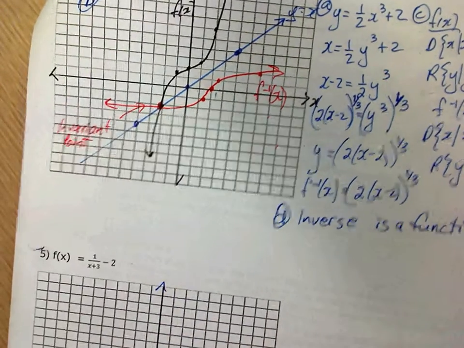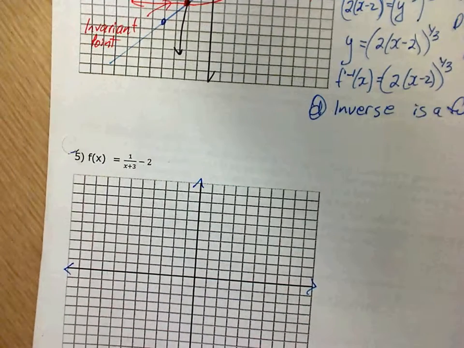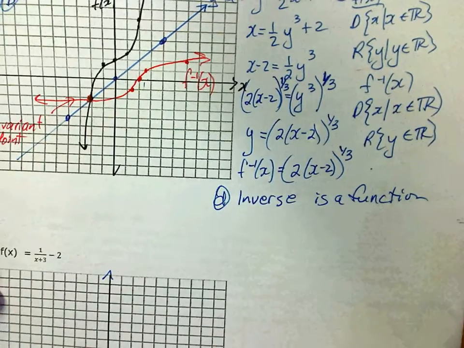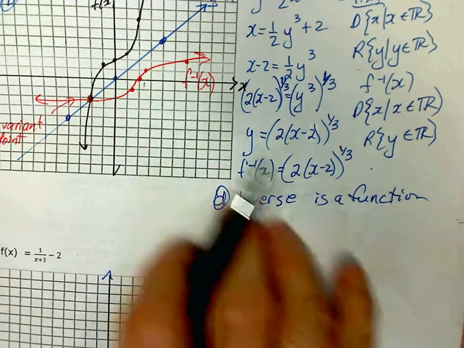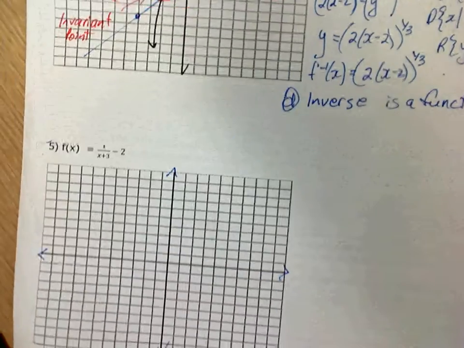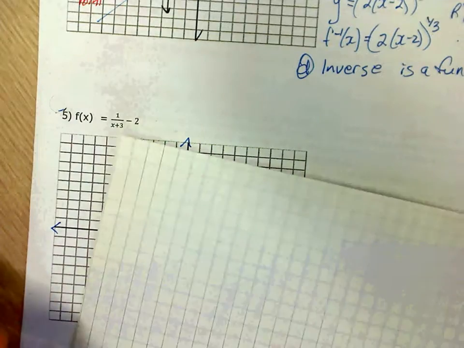Okay. Now in the morning class I drew this one using transformations. Did everybody finish 4? You got it? Okay. So I'm going to draw the final graph only. The parent function here is the reciprocal function.